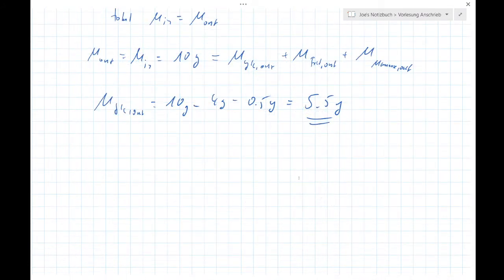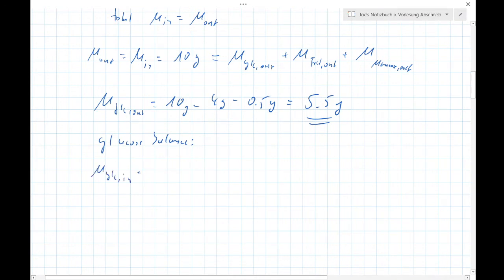For the observed or apparent yield, we have the reactant consumed. So we need to know how much glucose is being consumed, so we need to do a glucose balance. At steady state, m glucose in plus m glucose generated is equal to m glucose out plus m glucose consumed.